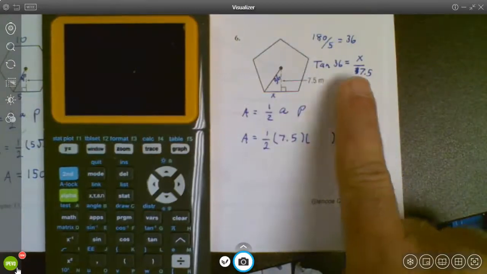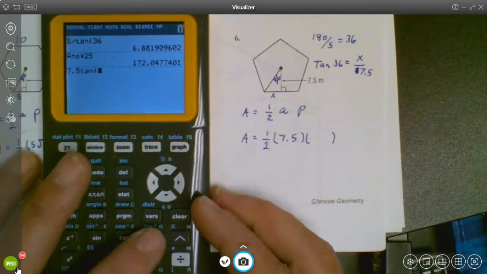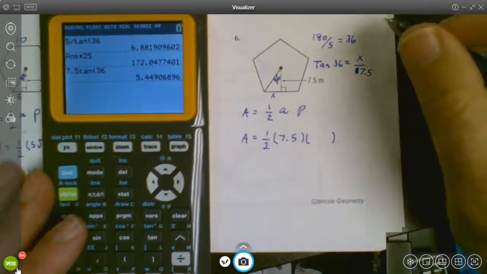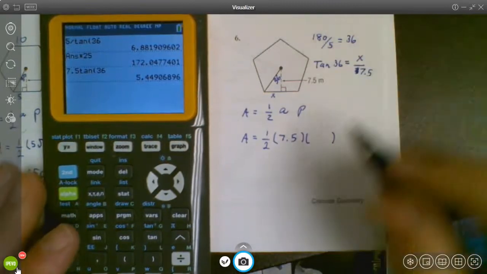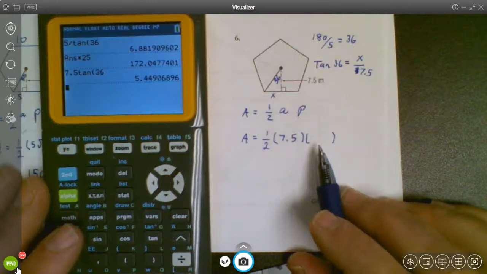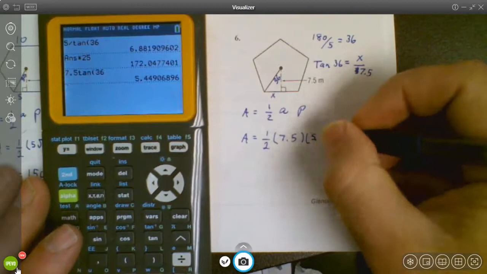If I multiply that over to the left, I'm looking at 7.5 tangent 36. And again, guys, I encourage you not to round too shallow until we're done. We're not done yet. So again, I encourage you to not round at all if possible. I'm going to call that 5.449.